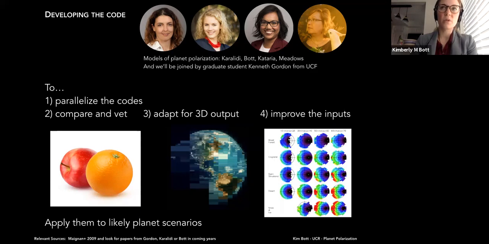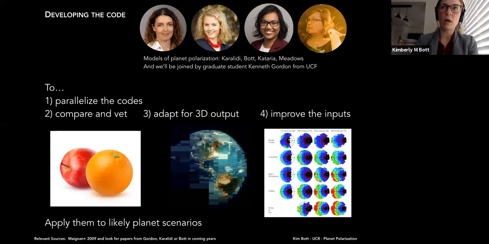We're of course wanting to compare and vet our two codes. We, to our knowledge, have two of the most capable codes for the polarization of light in a full radiative transfer treatment in the world. So we are wanting to update both of them and compare them to each other and vet them against data. We want to adapt them for 3D output.